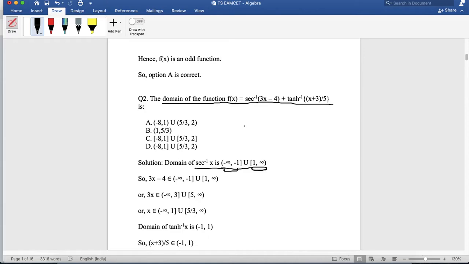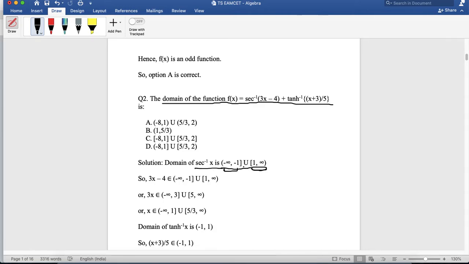They just want to know whether you can solve problems fast. So that's why they ask standard problems. And if you know the formulas, the standard theorems, the range, the domain of standard functions, you will solve your questions really quickly.